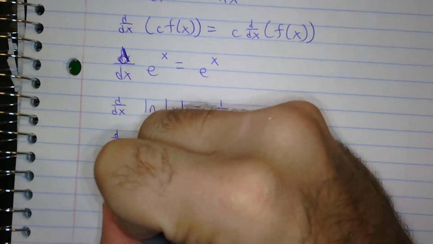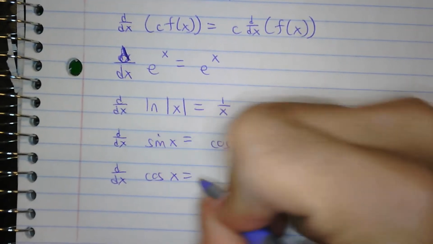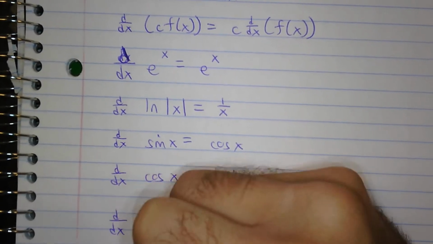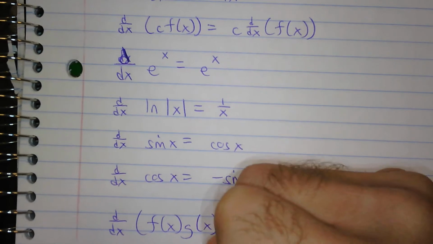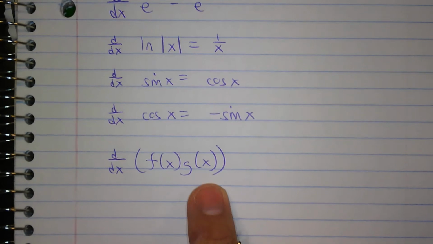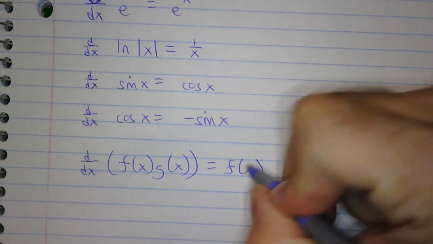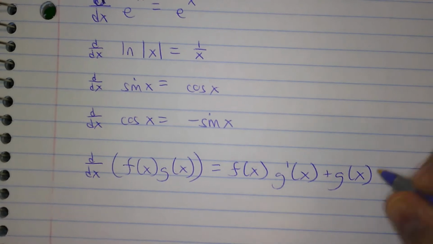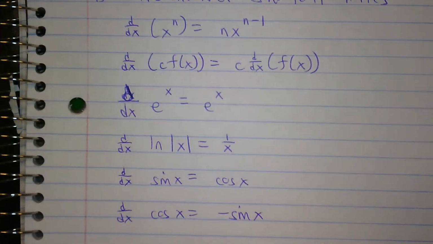If I said, what is d dx of cosine of x, what would you tell me? Negative sine of x. And if I said d dx of f of x times g of x, this function right in here, which is f times g, it's a product. So you must use what rule? The product rule, which is the first times the derivative of the second plus the second times the what? Derivative of the first. All right, so you know all these shortcut rules for differentiation.